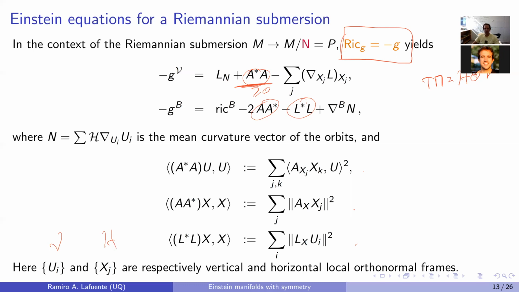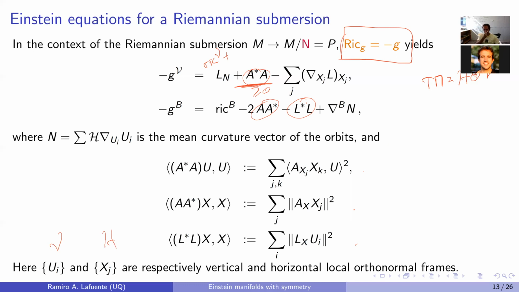Okay, so in general, let me mention this briefly, there will be a term coming from the Ricci curvature of the fibers here. But this term does not appear in our case because, as I mentioned, the fibers with the induced metric are flat, because N is abelian.